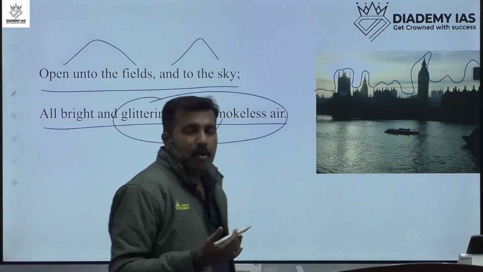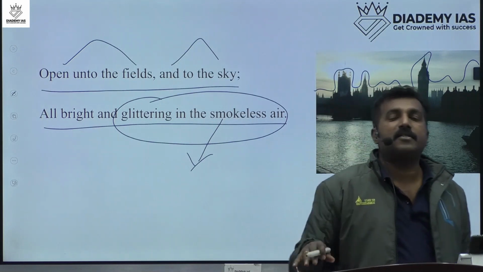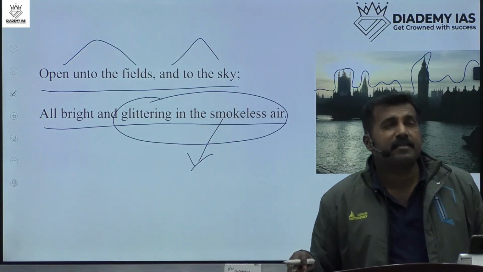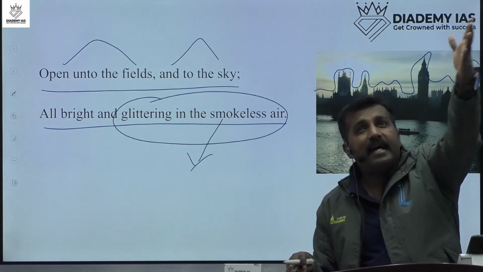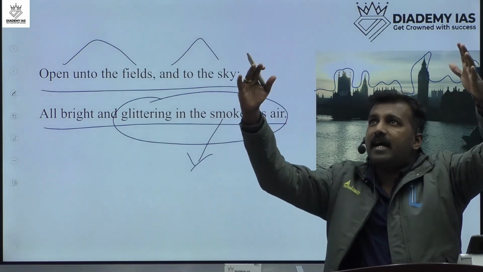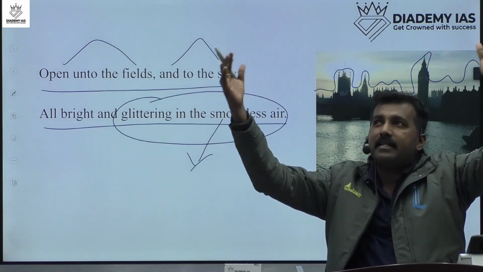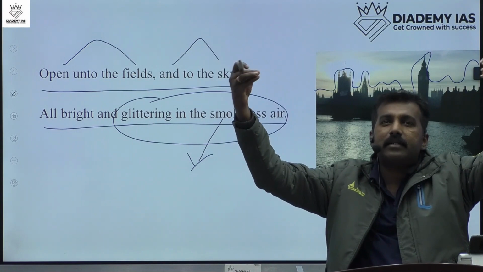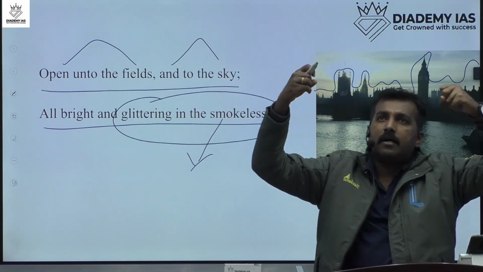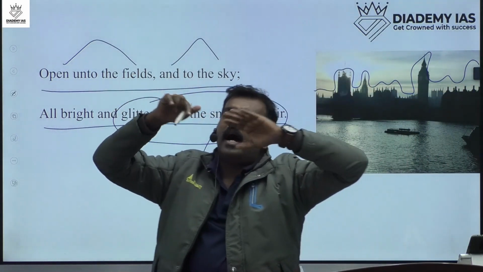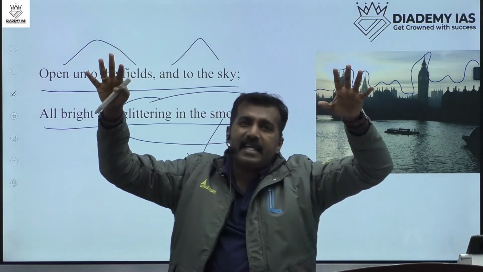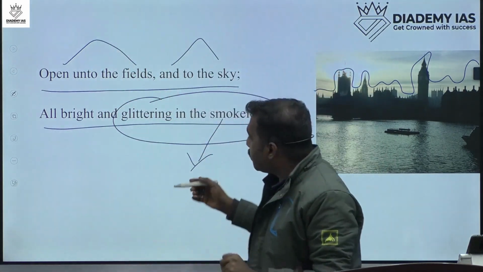There is no smoke in the atmosphere. So the sky is very clear, and the poet can see the sky and the buildings and the temples, doors, ships and all. And the sky is also very bright and glittering.